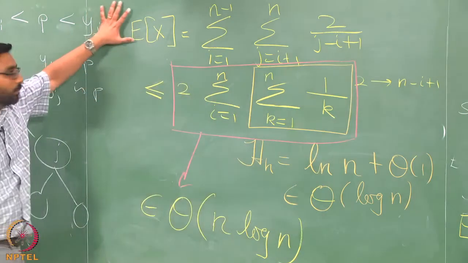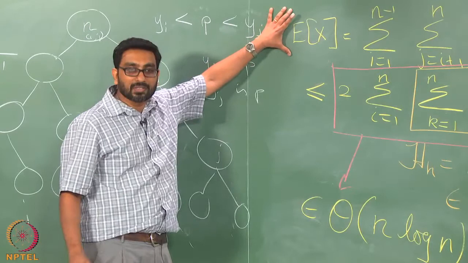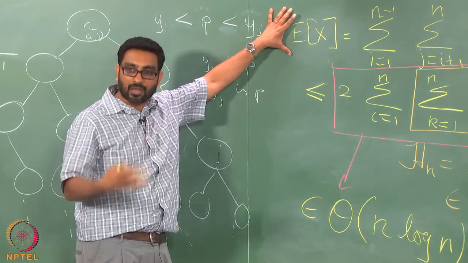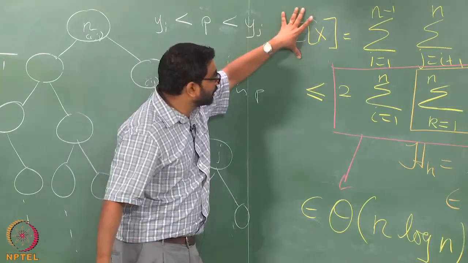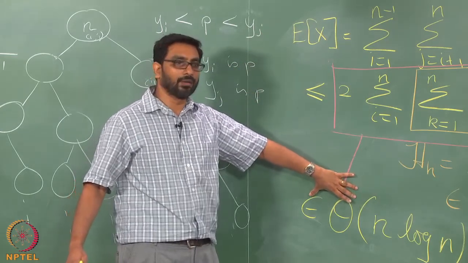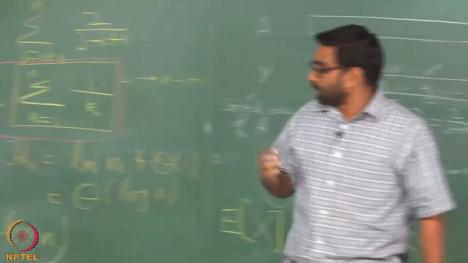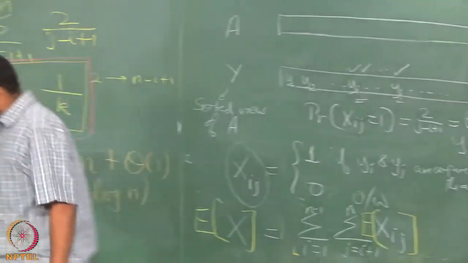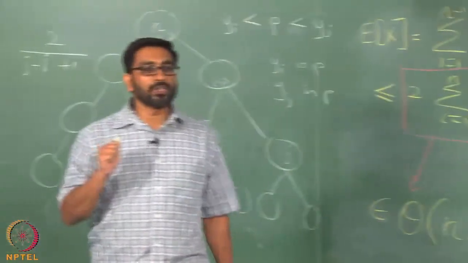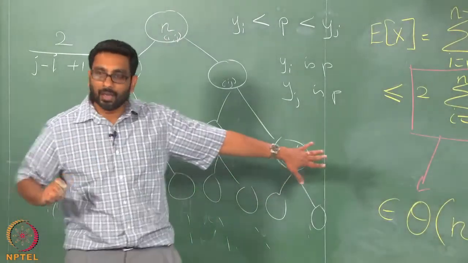So what we have been able to show here is that the expected number of comparisons, which is the surrogate for the running time, is at most theta of n log n. What this tells us is that on expectation, randomized quicksort is going to have a running time of the order of n log n.